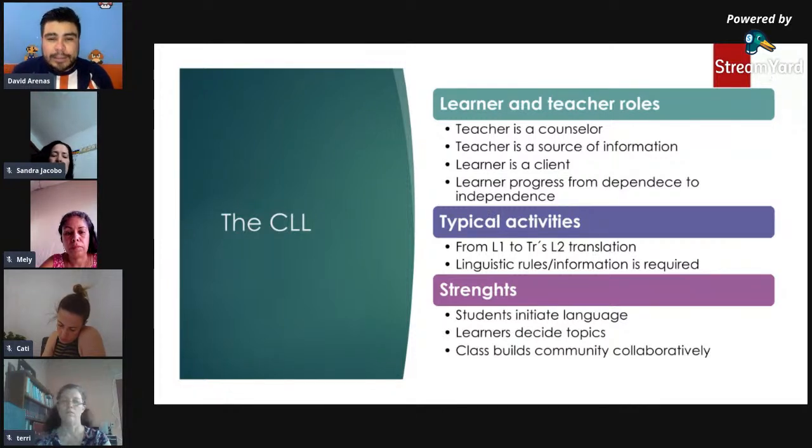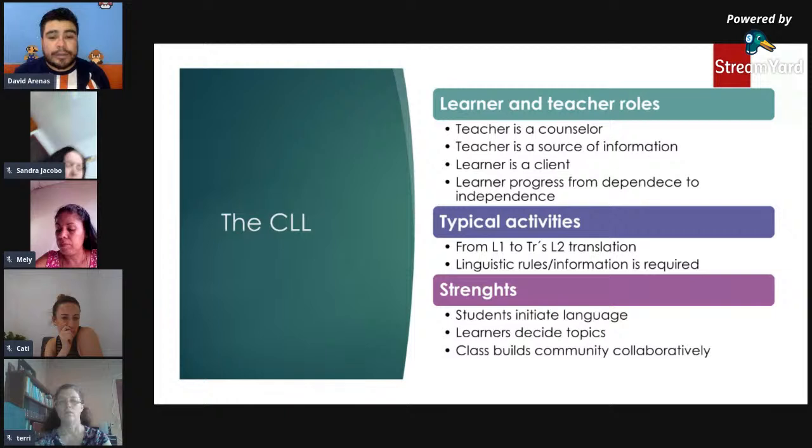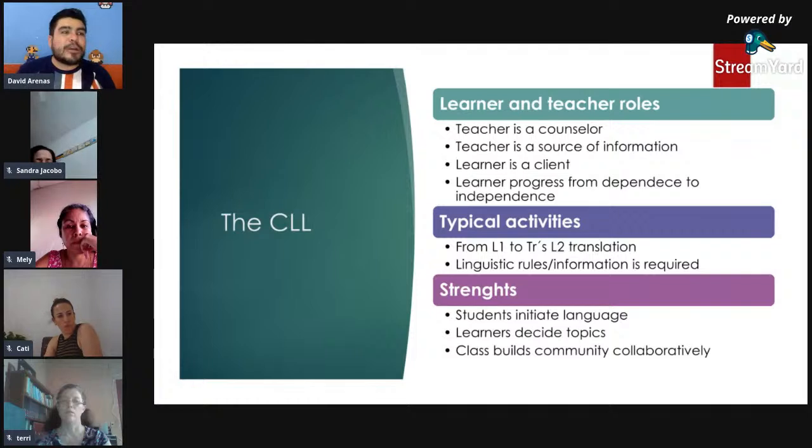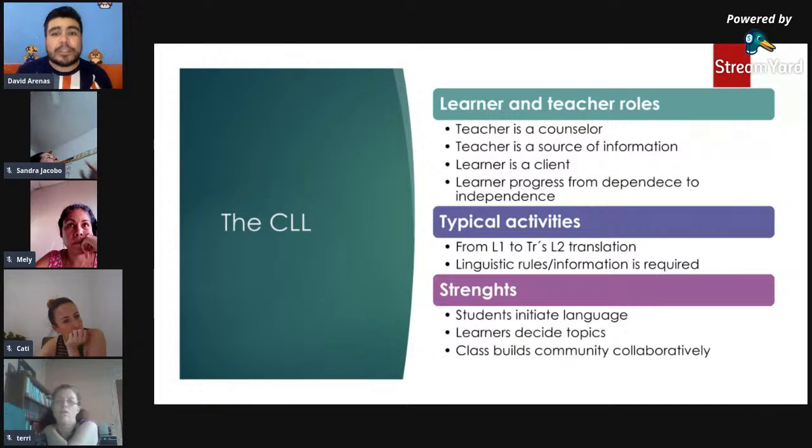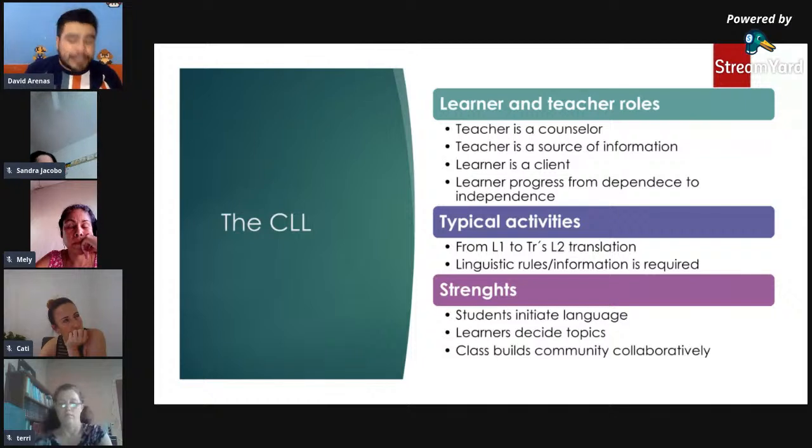What else? Yes, it was also considered a strength that the class was able to create this environment as a community. And it was not a community in terms of, oh yes, we're friends and all of us love each other, we respect each other. I mean, that was important also, but it was more important because students were able to help each other learn collaboratively, right?